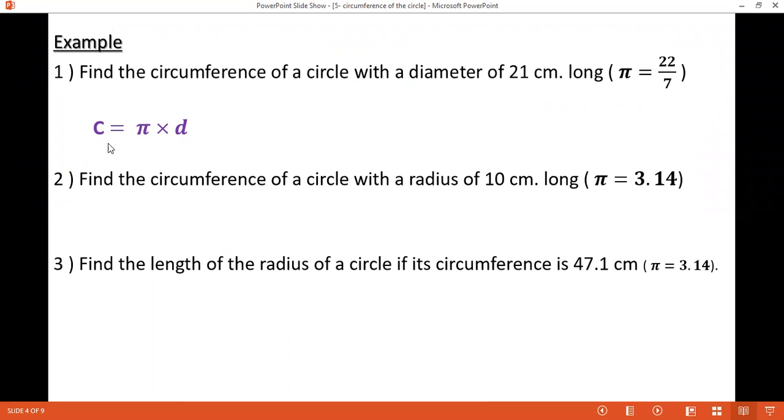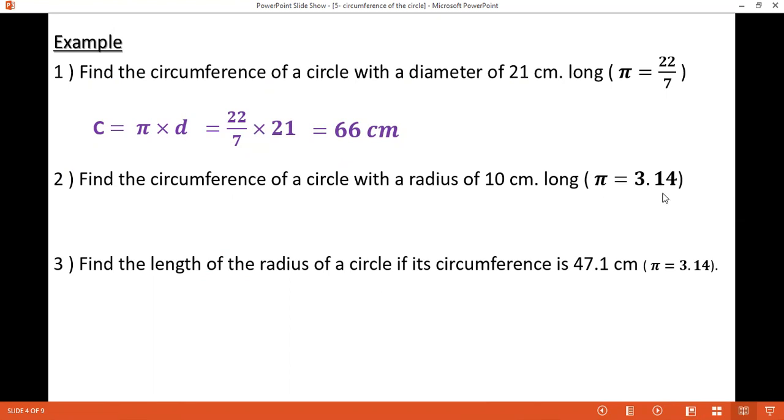So I'm going to write the rule: circumference equals pi d. So pi will be 22 over 7 multiplied by d, the diameter, so the answer will be 66 centimeters.